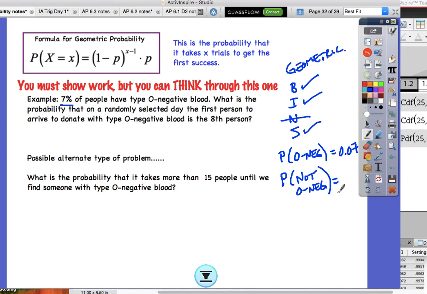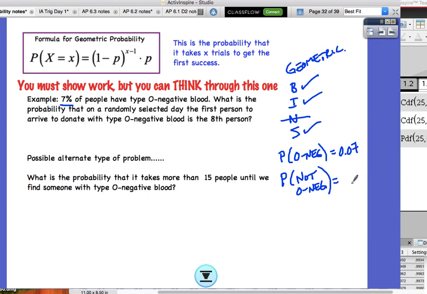That would be 1 minus 0.07, so we would have 0.93. So if the first person to have O negative blood is the 8th person, that means the first 7 did not have O negative blood.